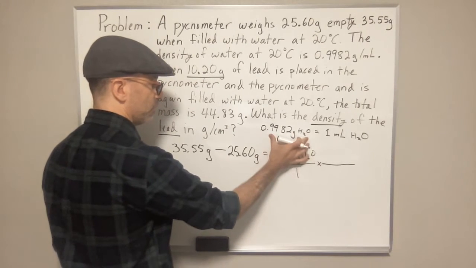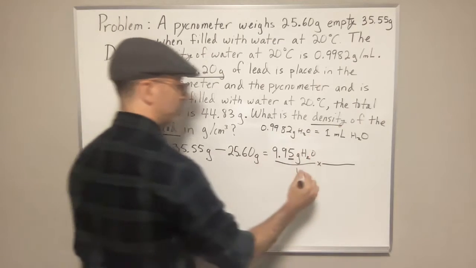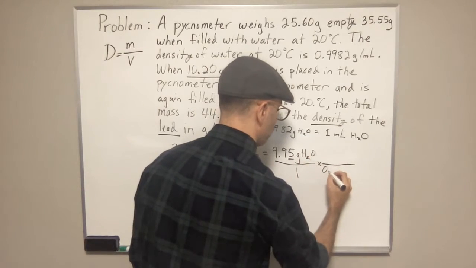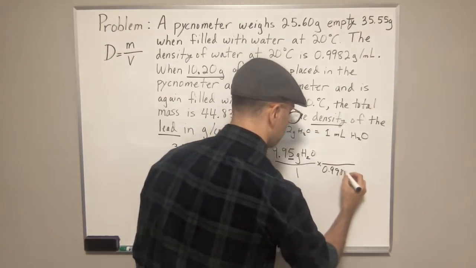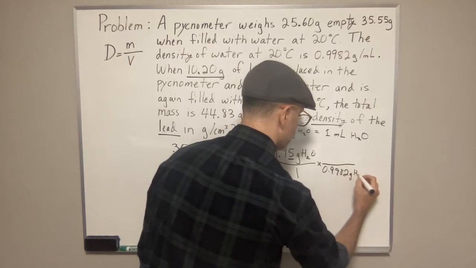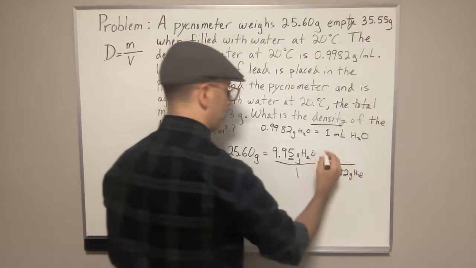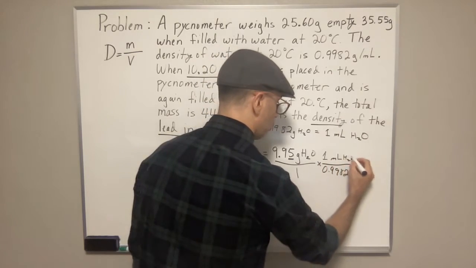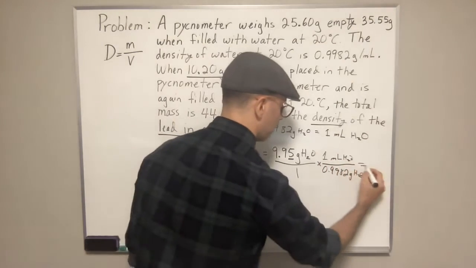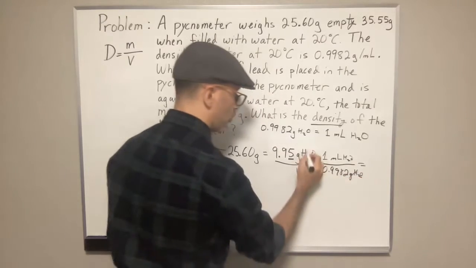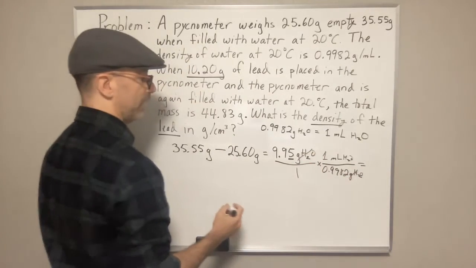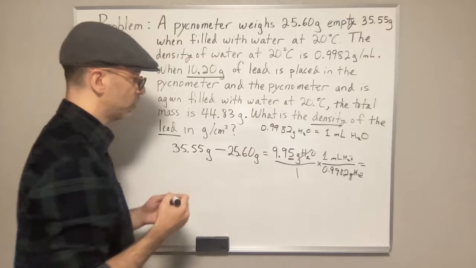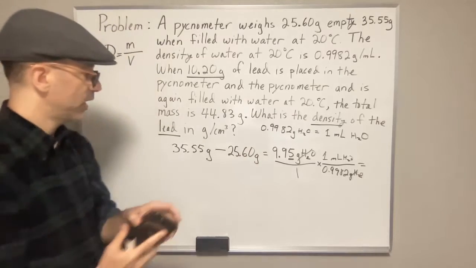So I'm going to put 0.9982 grams of water, and then I have 1 milliliter of water there. The grams of water cancel out, and now I'm going to get milliliters of water.